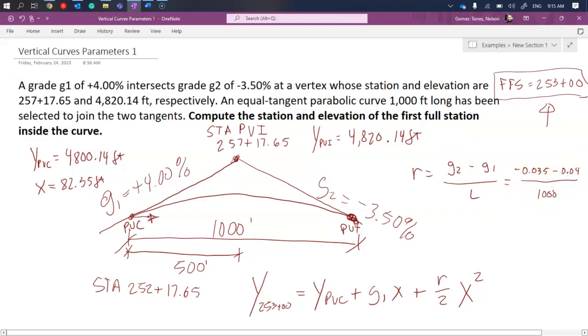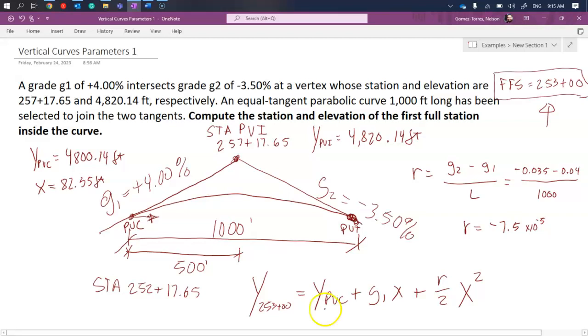Let's calculate that. That will be negative 0.035 minus 0.04, all of that divided by 1,000. That's going to give me R, negative 7.5 times 10 to the negative 5. Okay, so I have R now.